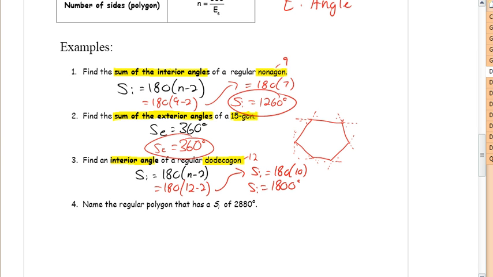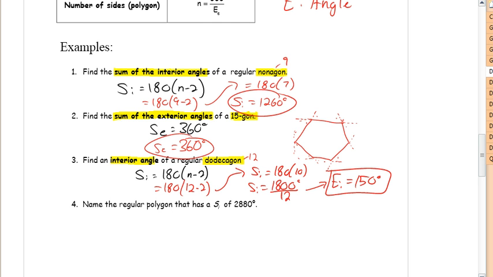Now remember, I don't want the sum of the interior. I just want to know what one interior angle is. So I'm going to divide it by 12, because I just want one angle. If there's 12 sides, there's 12 angles. That's going to give me, so my interior angle, that's how you would label it, is going to be 150 degrees.